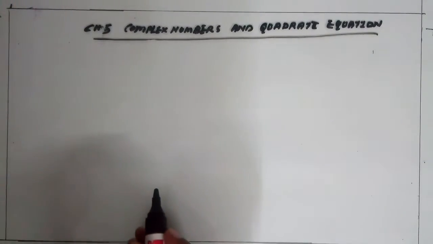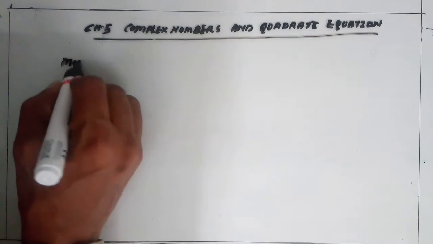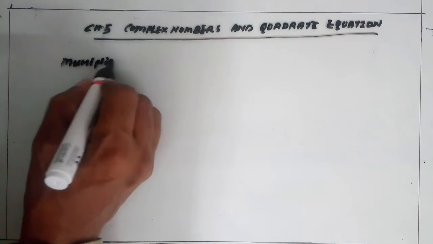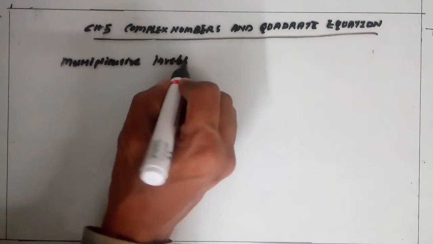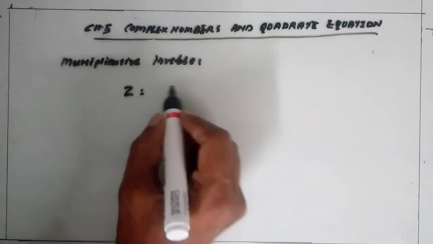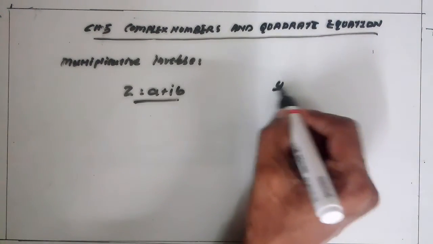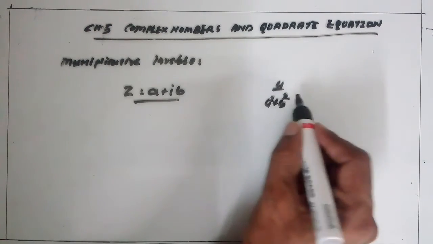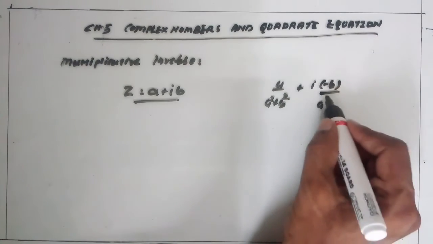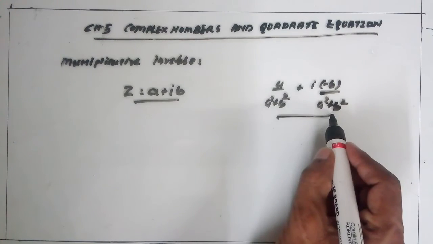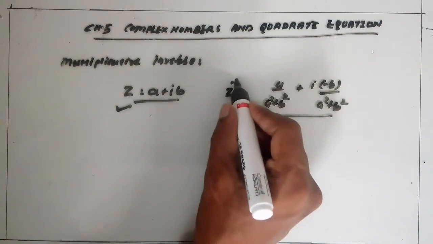Now here, multiplicative inverse. For the complex number z = a + ib, remember this: a upon (a square + b square) + i into (-b upon a square + b square) is called the inverse of the complex number z and is denoted by z inverse.